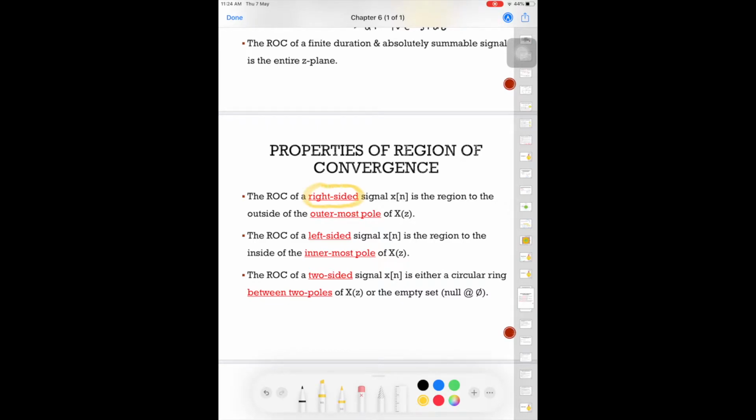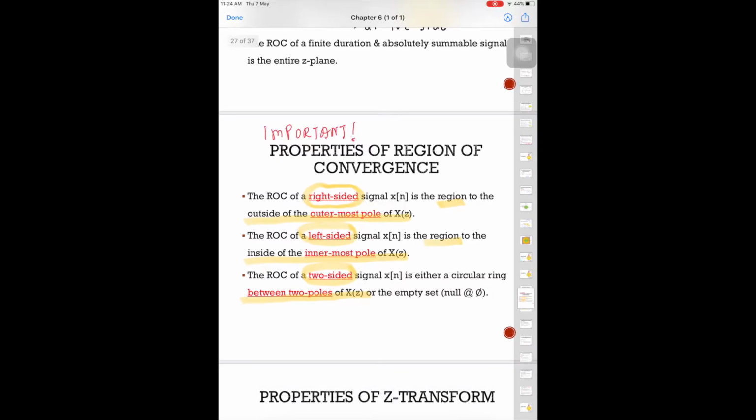For a left-sided signal, it is the region inside the innermost pole. For a two-sided signal, it is the region in between two poles. This is an important part. By hook or by crook, make sure you remember this definition.